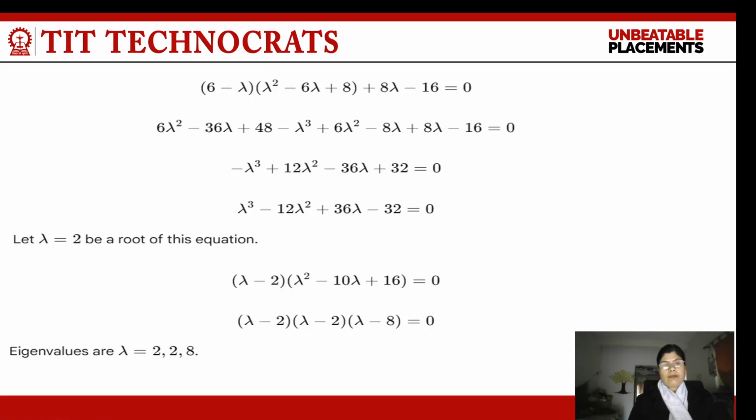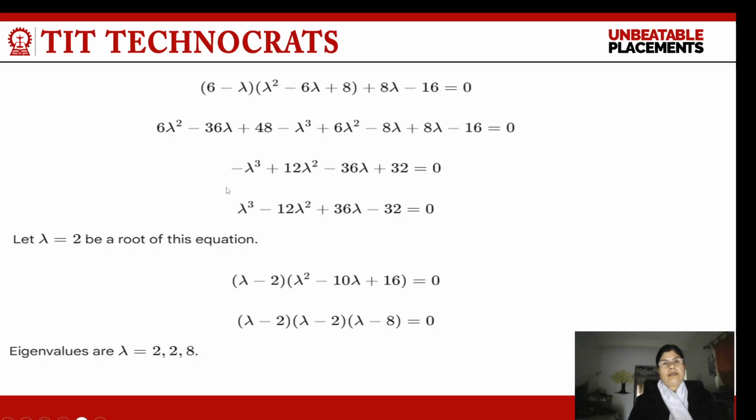Now after simplifying we get (6 minus lambda)(lambda square minus 6 lambda plus 8) plus 8 lambda minus 16 is equal to 0. So 6 lambda square minus 36 lambda plus 48 minus lambda cube plus 6 lambda square minus 8 lambda plus 8 lambda minus 16 is equal to 0. Minus lambda cube plus 12 lambda square minus 36 lambda plus 32 is equal to 0.